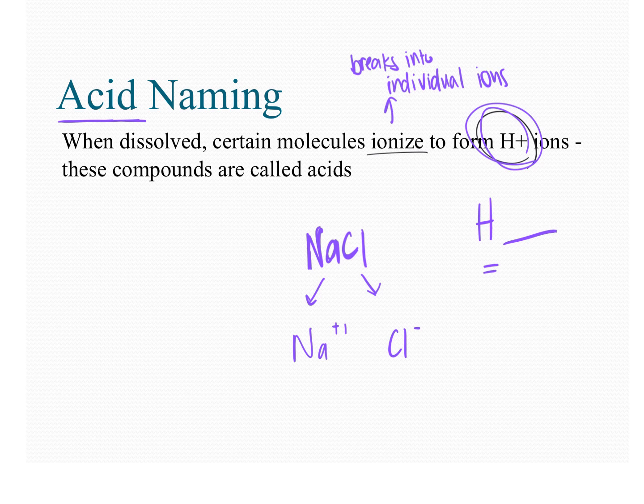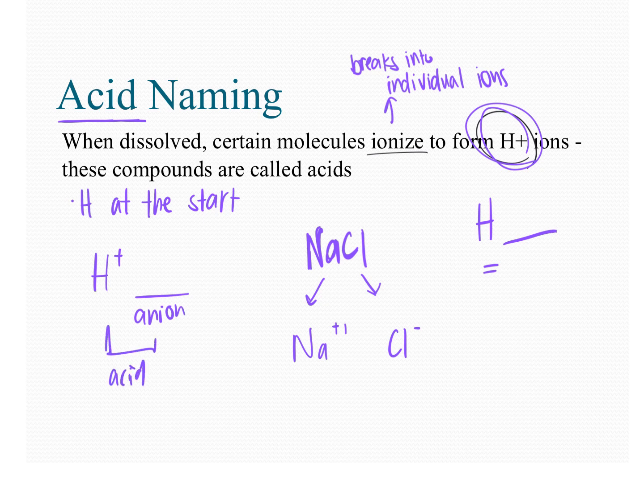A big clue for us with acids is that the hydrogens come first in the compound. That's just the way acids are written. Hydrogen will always come first, it will have a plus charge, and it will be paired with some anion to form an acid.